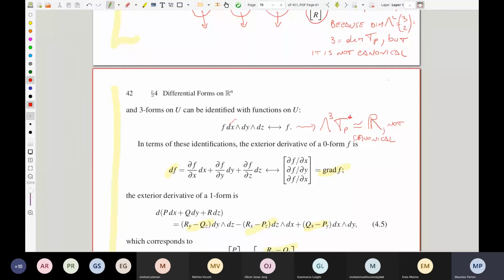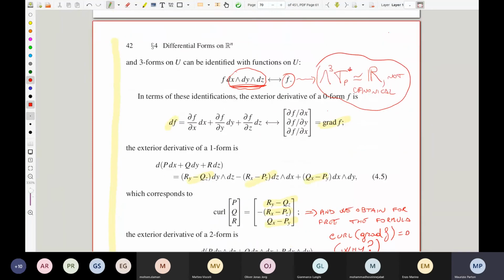And a three-form can be identified with just a function, because there is only one three-form. The dimension of the three-forms as a vector space is just one. So this is just R.